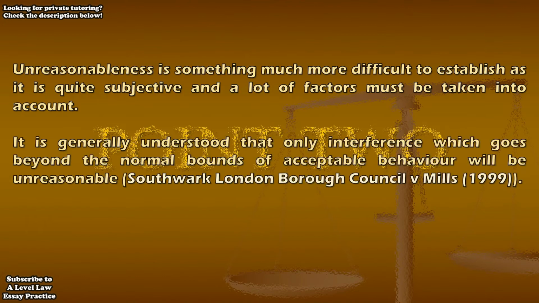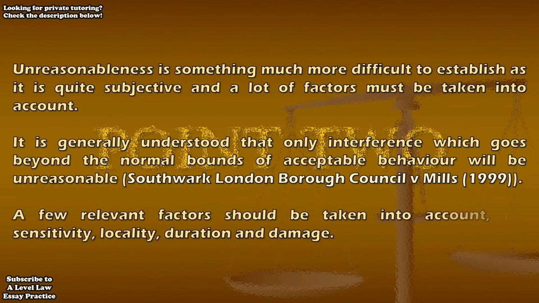It is generally understood that only interference which goes beyond the normal bounds of acceptable behavior will be unreasonable. Therefore, with this in mind, a few relevant factors should be taken into account, i.e., sensitivity, locality, duration, and damage. For point 2, we will first consider sensitivity and locality.